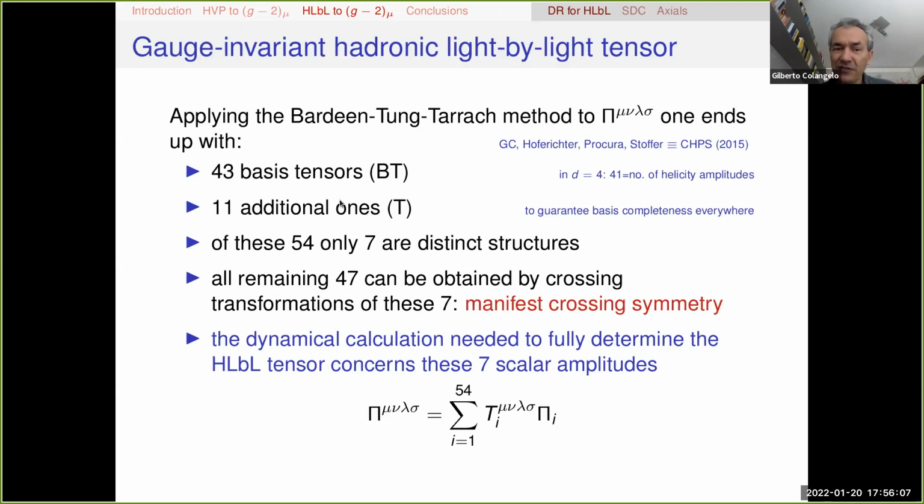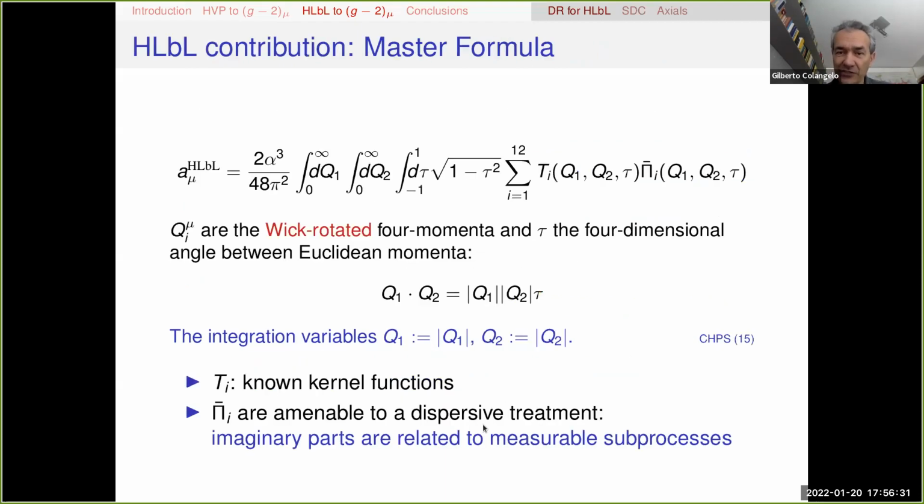But then there's the issue of Tarrach, that you need 11 additional ones to have a complete basis everywhere. And so you end up with a total of 54 structures, but only 7 are distinct. Then by crossing, you obtain all the others. In other words, the decomposition corresponding to the one for hadronic vacuum polarization is written here, and you have 54 different structures to take into account.